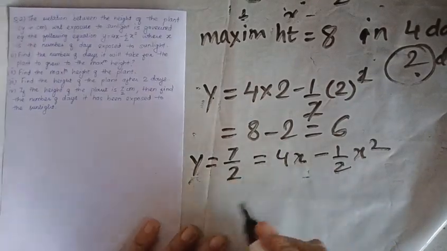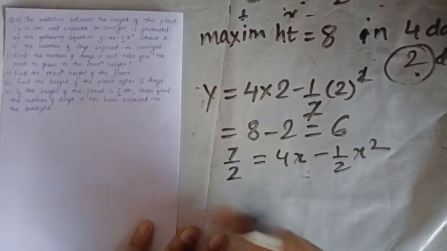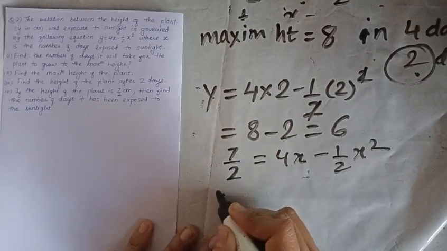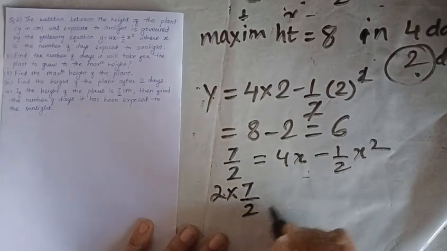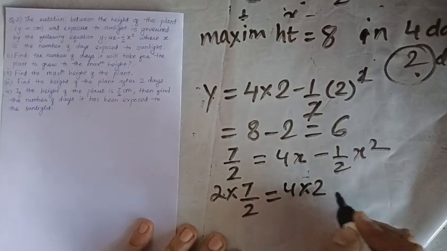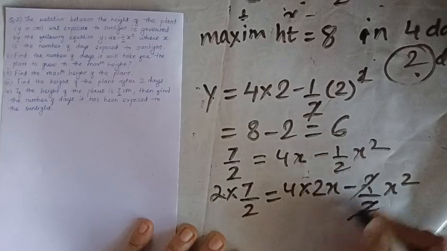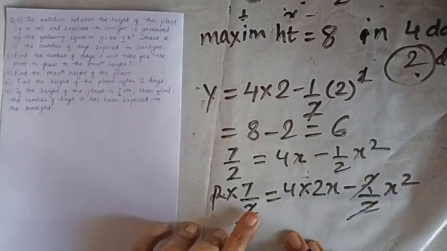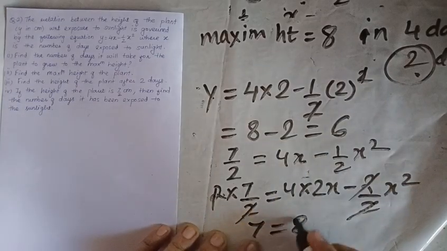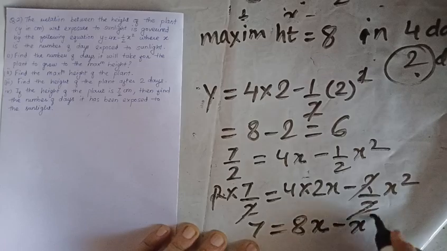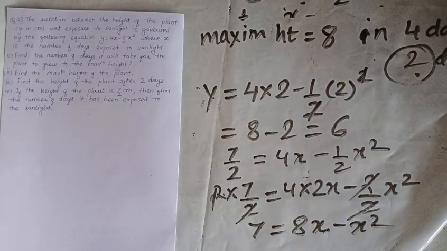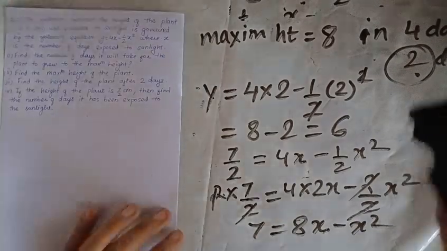Multiplying by 2, we get 7 by 2 times 2, 4 into 2. So 7 equal to 8x minus x square. So we'll get a quadratic equation that you have to solve.